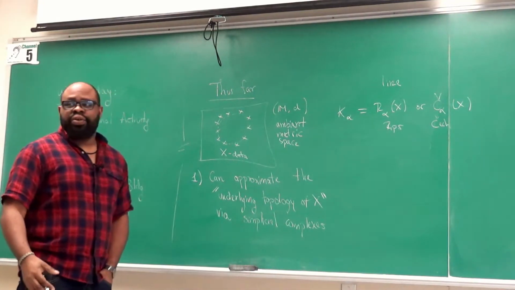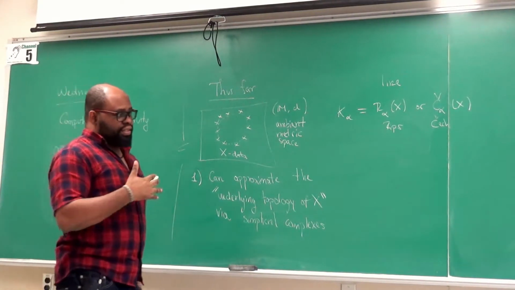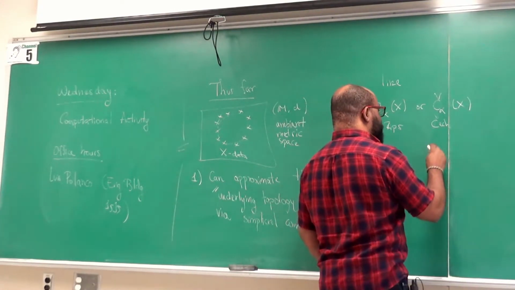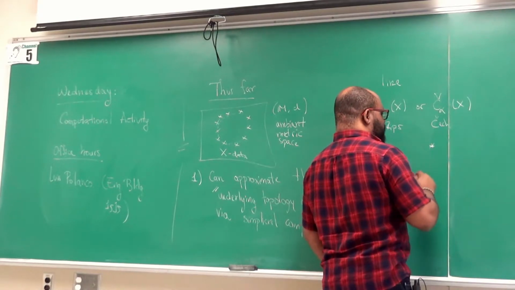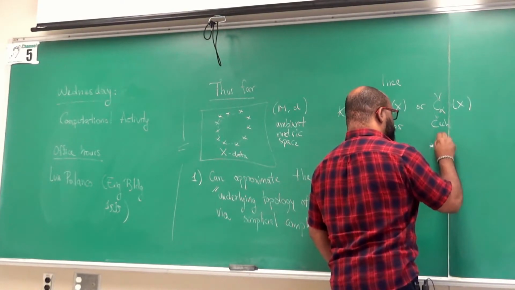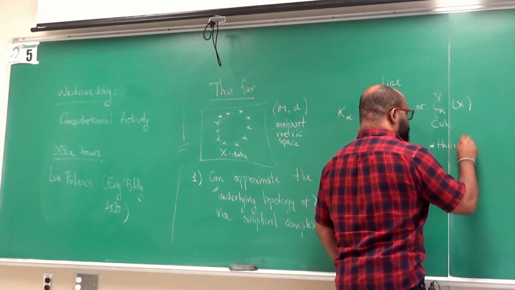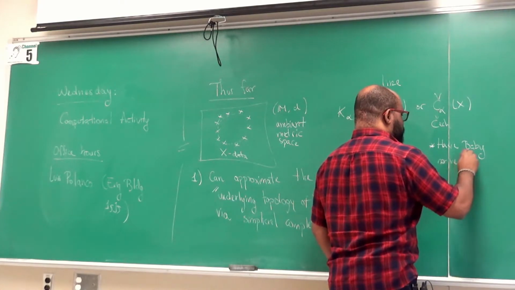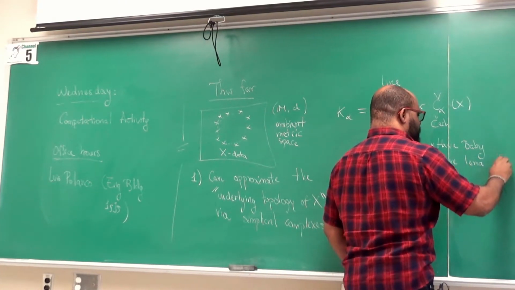Okay, so we've seen that each one has its advantages. So for example, here we have that this is good theoretically. So we have the nerve lemma. So there is a plus.